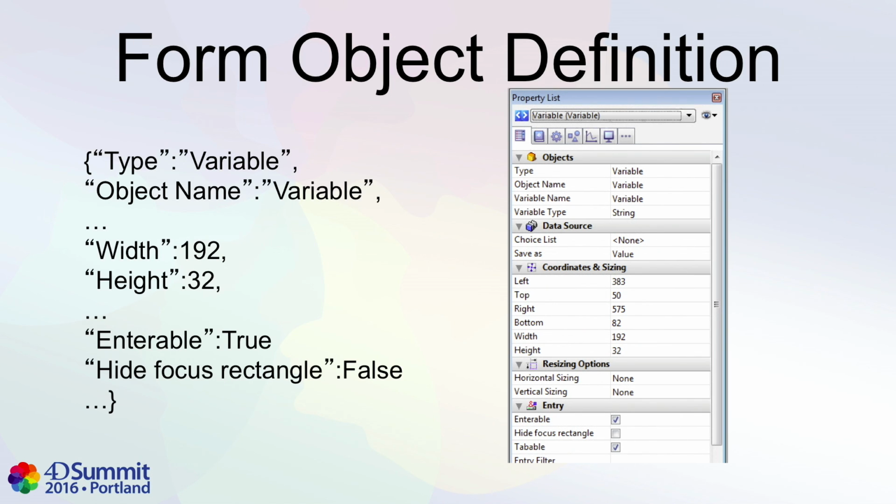On the left is the language object, and on the right are the properties. The name would be type, the property is variable. The name would be object name, type would be variable. You can even have numbers, which are in quotes in the format, and true and false are also allowed in this new language object.